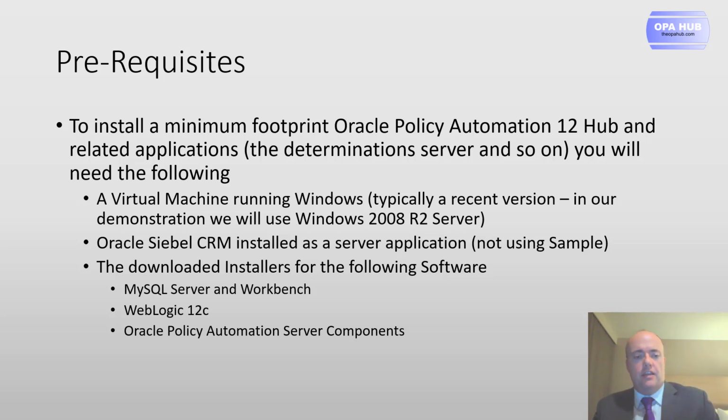You will also need, therefore, everything that makes OPA work, so the MySQL Server and Workbench, WebLogic 12c, and you will have installed the Oracle Policy Automation Server components. And you'll need Siebel as well, and you'll need a proper server application, a server installation with the EAI Object Manager ready to go, which means it's going to be a pretty chunky virtual machine. But these days, we're quite used to building those sort of things.